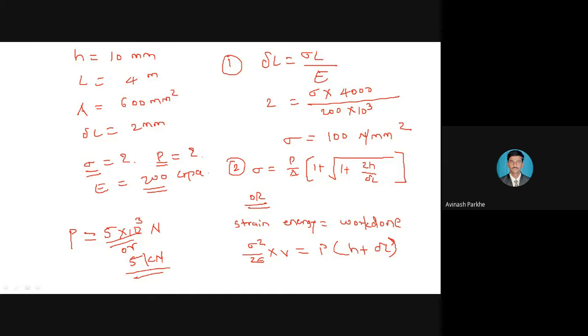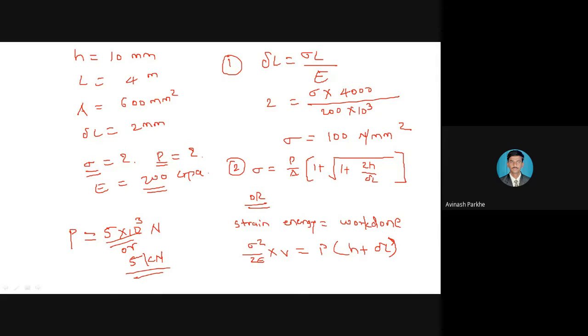In the first numerical we solved, the unknown weight is given. By using that weight and the formula, we calculated the stress and the elongation. Then in the second numerical, the stress is given and we calculated the falling height. And in the third numerical given to you for your solution, the unknown weight is the unknown, the remaining parameters are given, and deformation is also given.